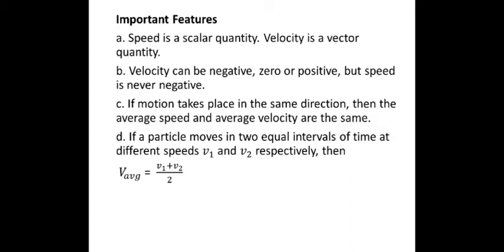The time intervals are equal but the speeds are different, v1 and v2, and we can find the average velocity of that particle using the formula v1 plus v2 divided by 2.